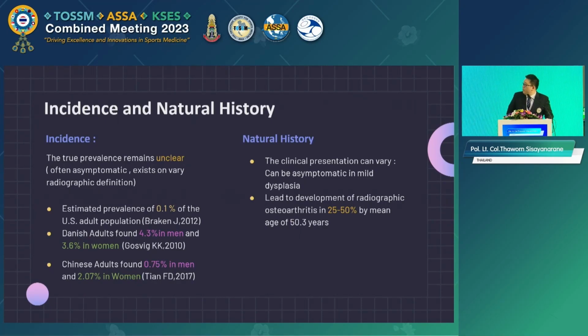A Chinese population report shows 0.75% in men and 2% in women. The natural history is very varied because some patients are asymptomatic. They will come to see a physician in the 5th decade of life, with radiographic change to osteoarthritis in around 25 to 50%.